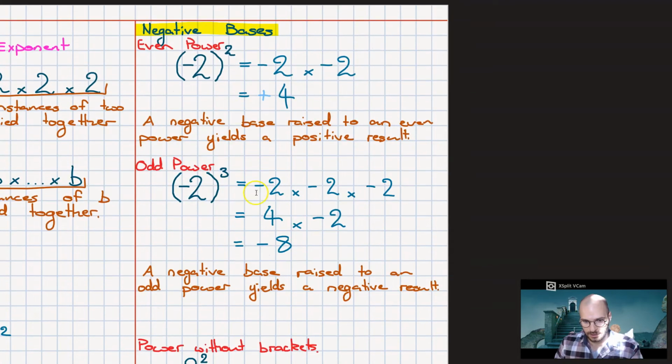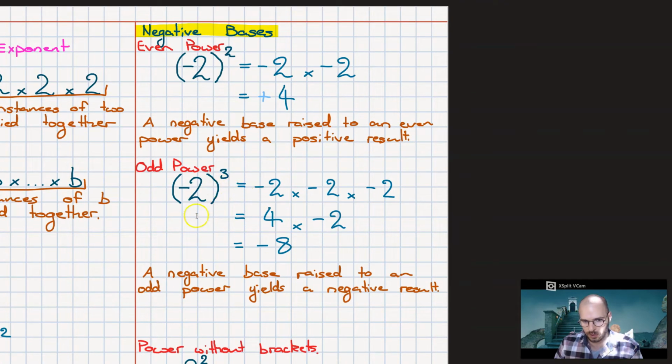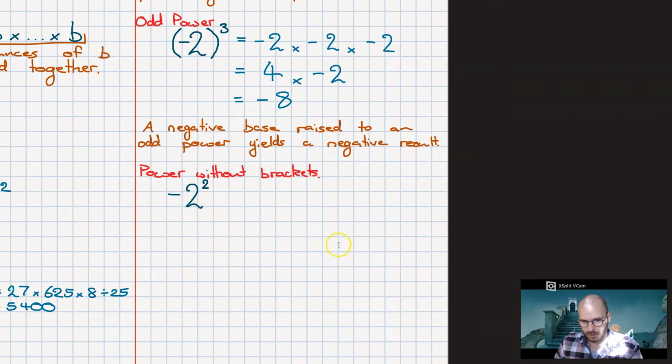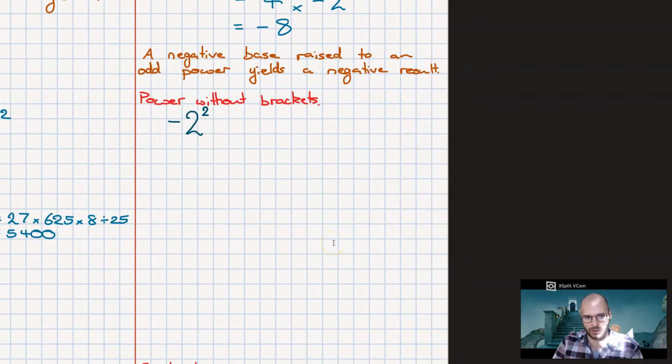So this is the second condition that we can come across when we're dealing with negative bases. Now, the final condition, which can be encountered as two conditions but we'll keep it as one, is when we have a negative base being raised to a power where there are no explicit brackets.